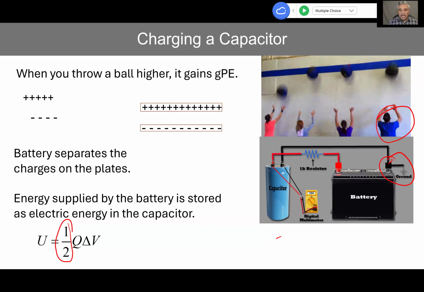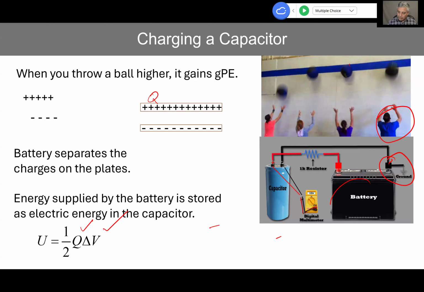So the charge goes from zero energy when there is no charge to maximum energy, which is Q times delta V. So on average, it has the average of 0 and Q times delta V. So this is the definition: half of Q times the potential difference. Half of the amount of charge in one plate times the potential difference between the plates.